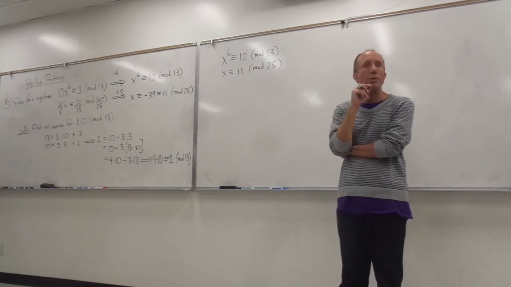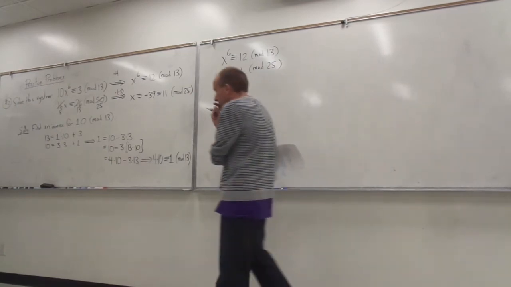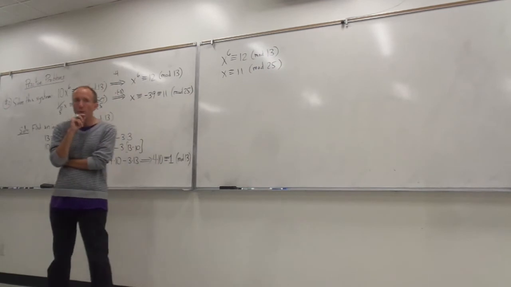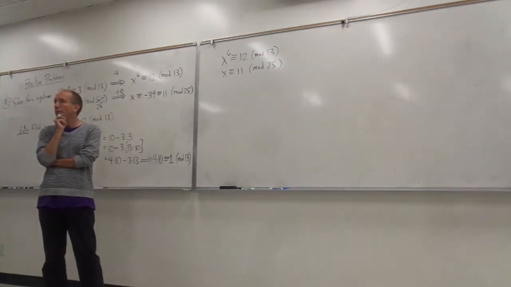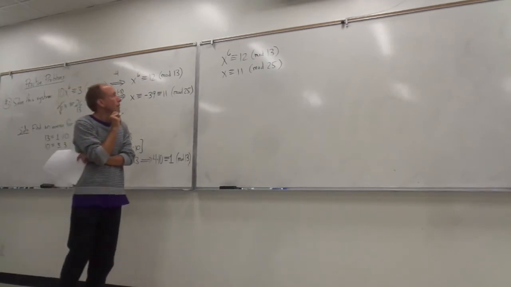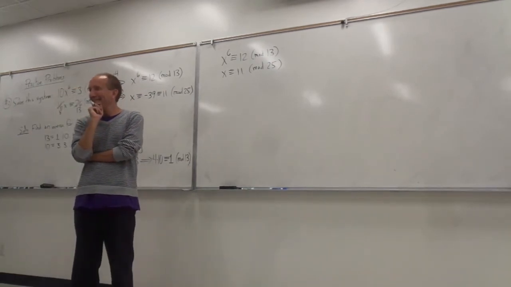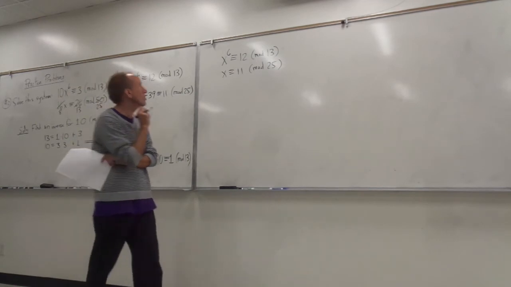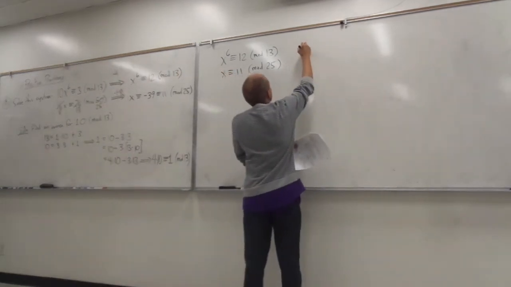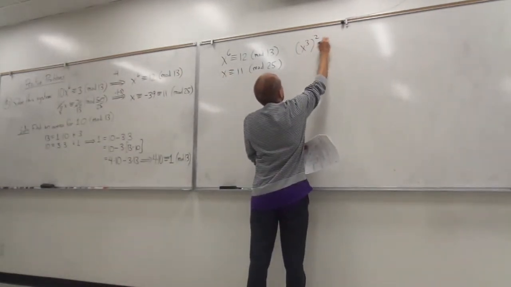So does somebody have a suggestion how we can proceed to work on the first equation further? X to the 3rd to the squared. Yes, so you're suggesting we do that.